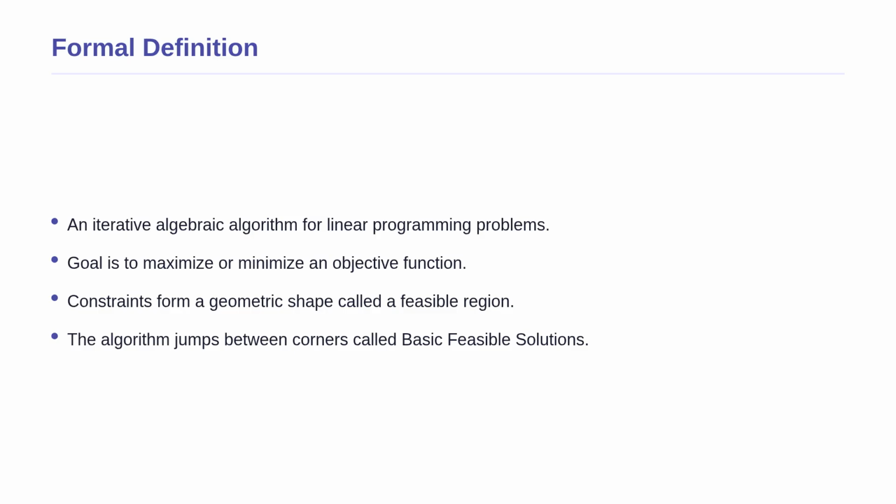We must do this while following strict rules or constraints. These constraints form a geometric shape called a feasible region. The corners of this shape are our valid options, known as basic feasible solutions. The algorithm mathematically jumps from corner to corner until it finds the absolute best one.